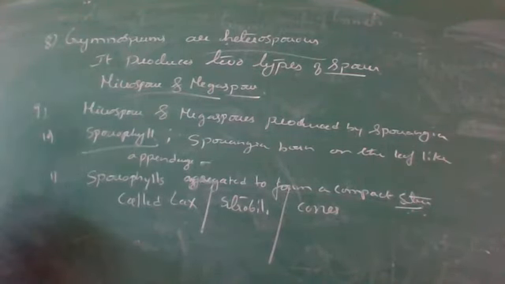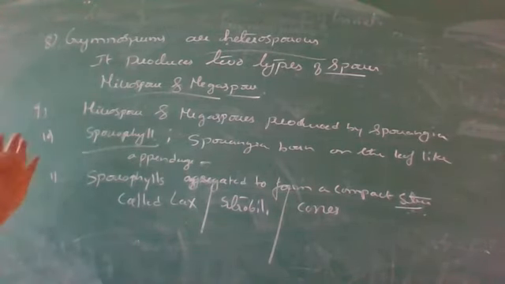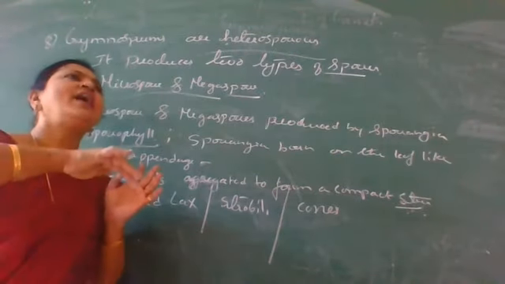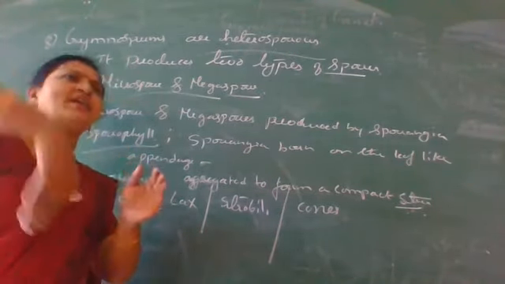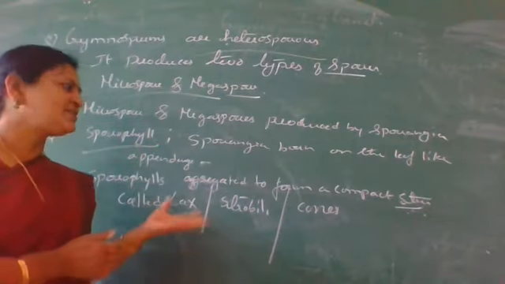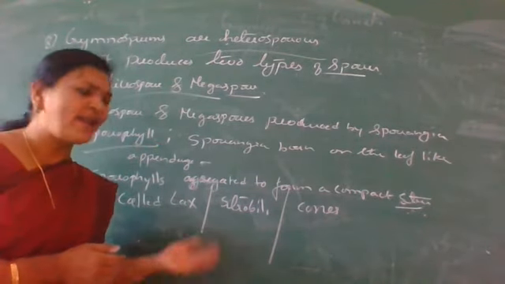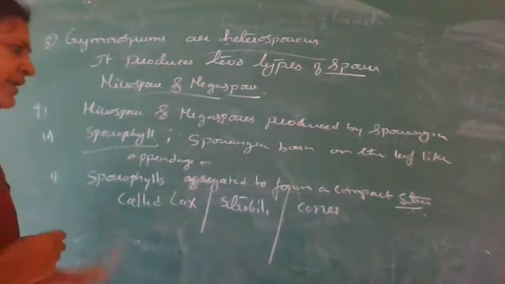So these sporophylls are arranged on a long axis, arranged spirally on the axis to form a strobilus or a cone.